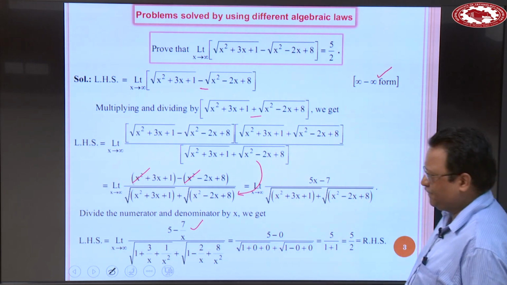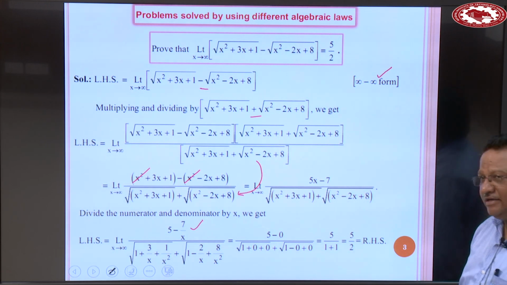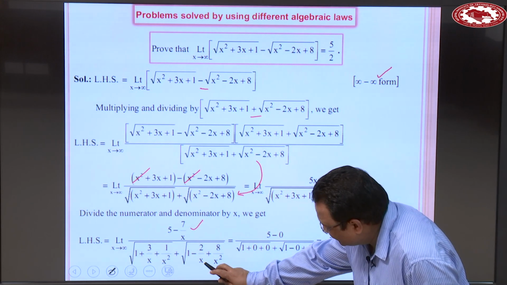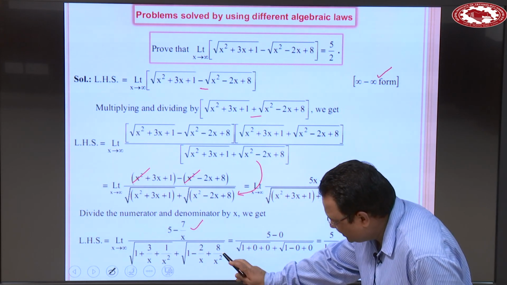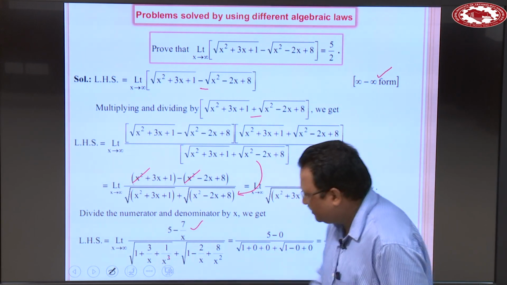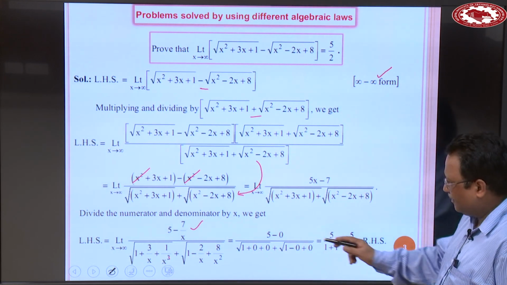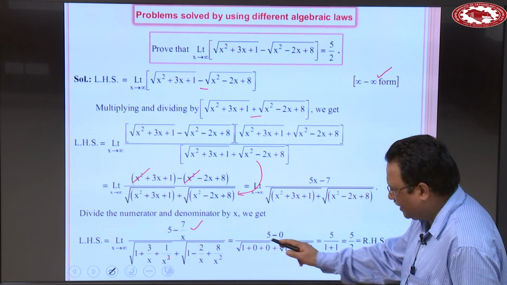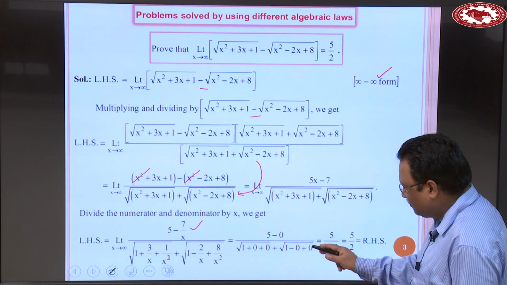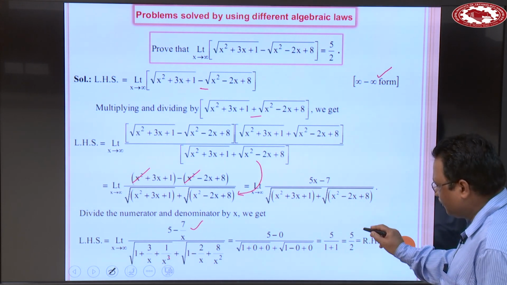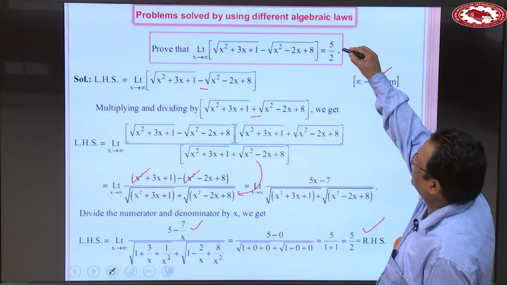Now apply this limit, x tend to infinity. So when x is infinity, 7 over infinity is 0, and each of these terms is 0. So we obtain 5 minus 0 divided by square root of (1 plus 0 plus 0) plus square root of (1 minus 0 plus 0), and we obtain 5 divided by 2. So this one is the result, 5 divided by 2.